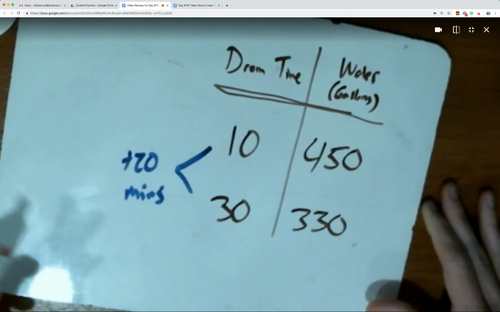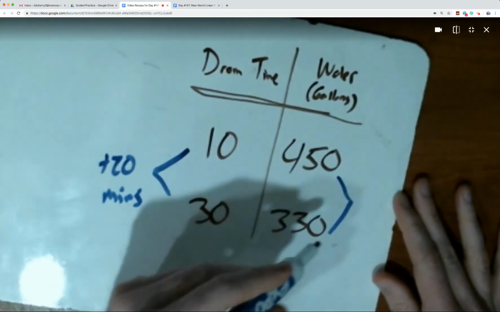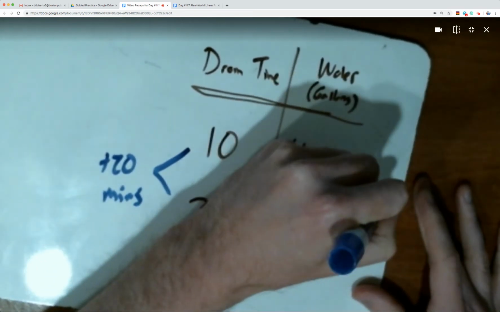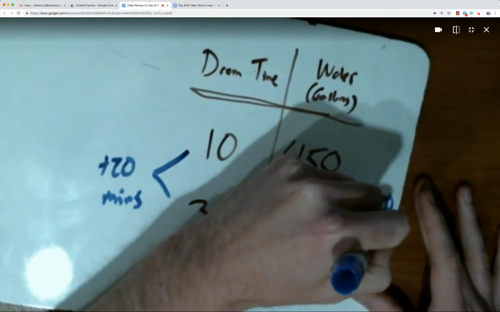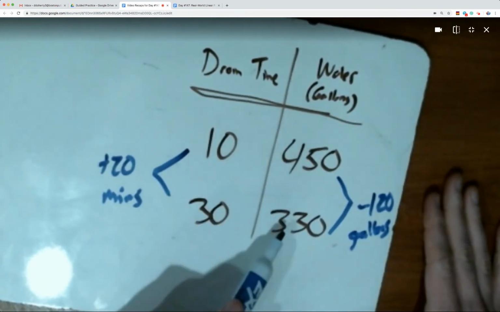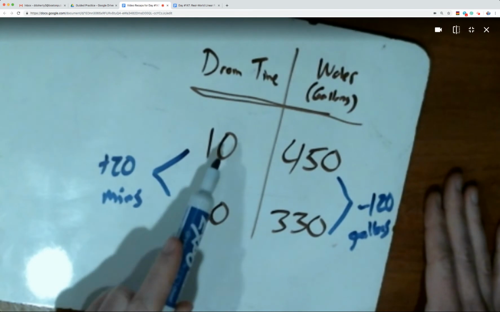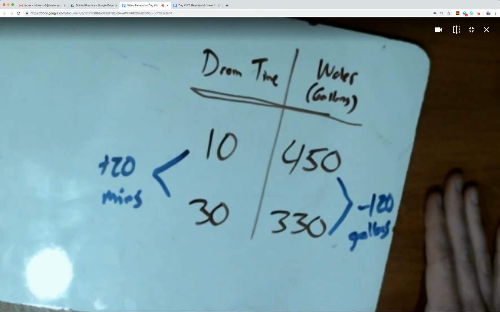And during those 20 minutes of time, we went from 450 to 330 gallons. We lost 120 gallons. So we go from 450 to 330, that's down by 120. So we lost 120 gallons of water from the pool during a 20-minute interval.